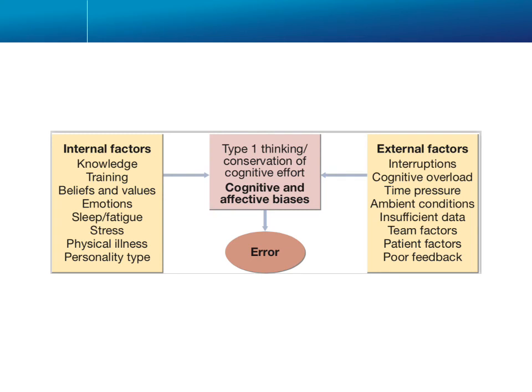Many factors have been described that impair our ability to think and make good decisions, and the things like fatigue, stress, physical illness, night shift work, interruptions, and so on, they affect System 2 more, and that's when we're at risk of making these cognitive and affective, that's to do with our emotions, biases, these shortcuts that can lead to error.